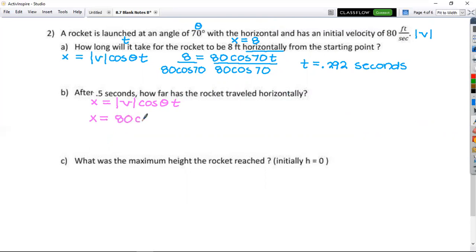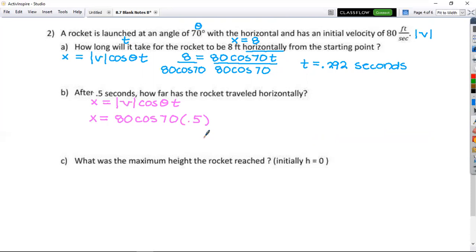And we have cosine, angle was 70. And after 0.5 seconds gets plugged in right here. Okay. You guys getting comfortable with which equation to use? Good.